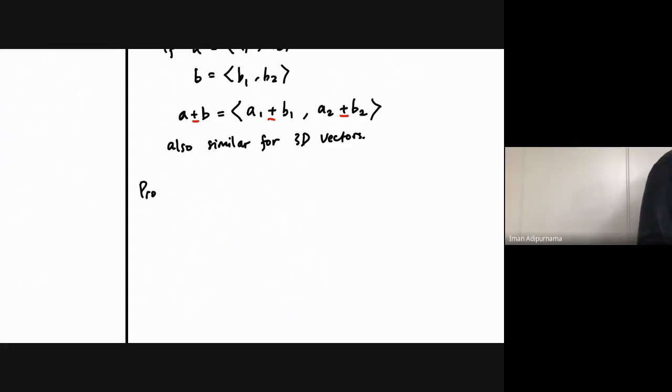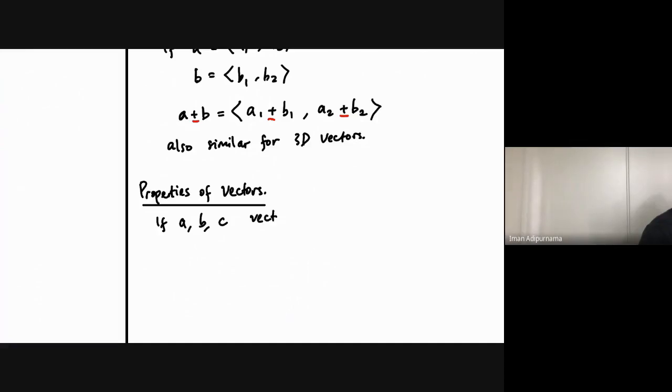As for the properties, let's say A, B, C are vectors.